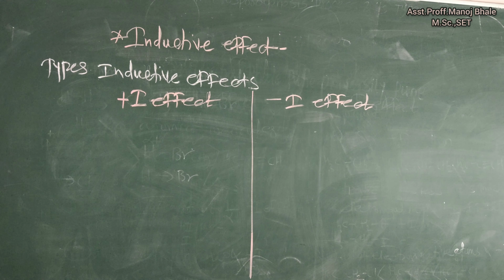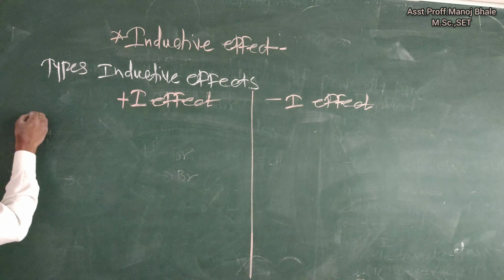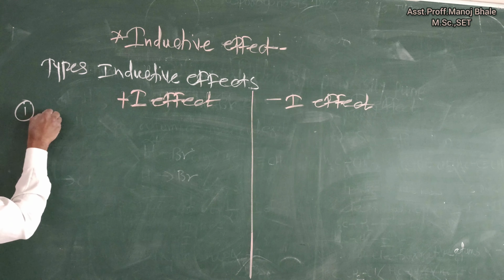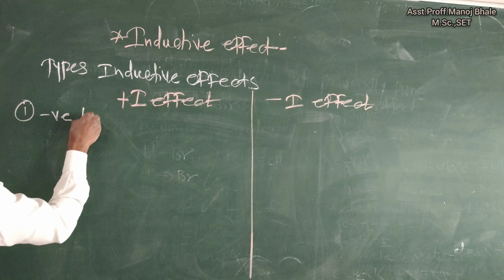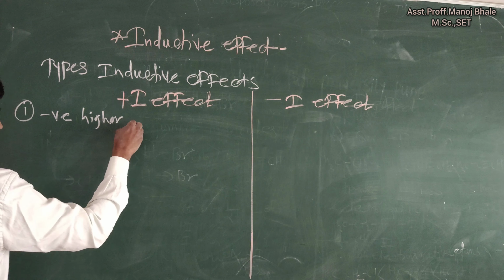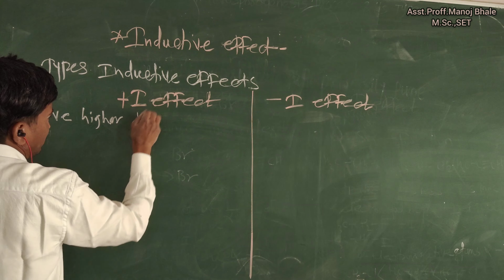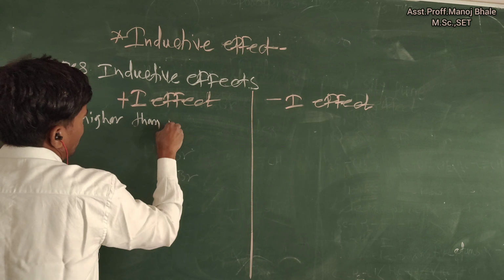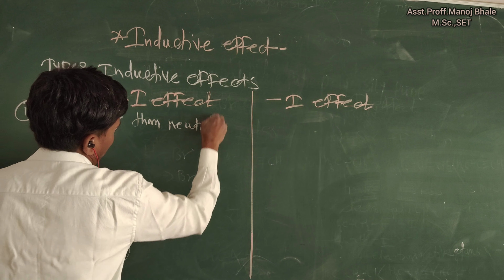Generally, the plus I effect is due to a minus charge which is higher than on a neutral atom. First difference: minus charge higher than neutral atom.